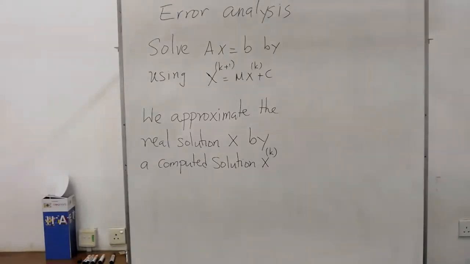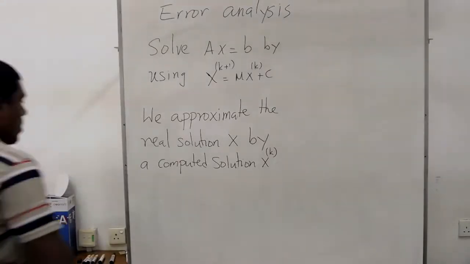What we do is we approximate the real solution x by one of our computed values xk, right? So that xk can be any computed value depending on how long you iterate. So that is how we usually do the approximation when we apply an iterative method. Obviously there should be a difference between the real value and the computed value because we take this as an approximated value, so obviously there should be an error.